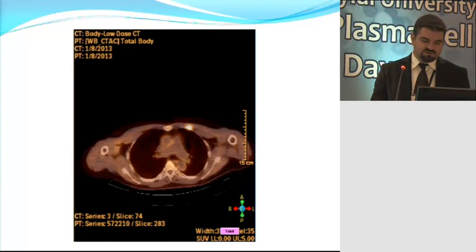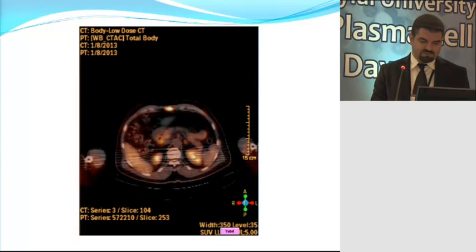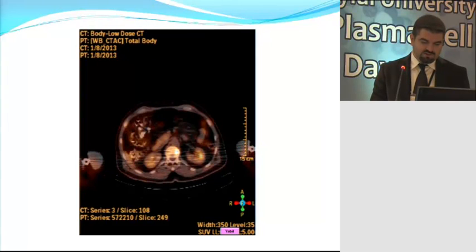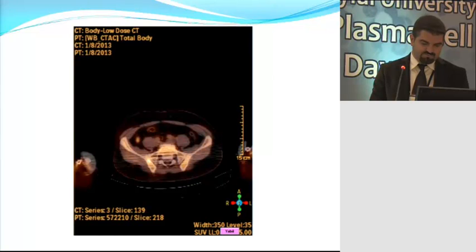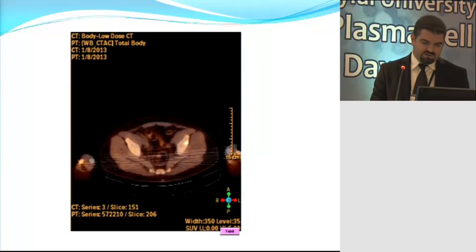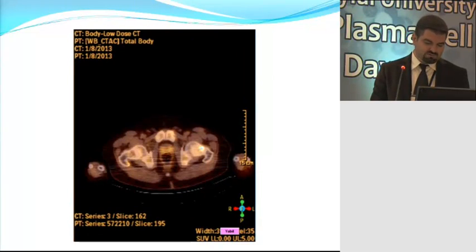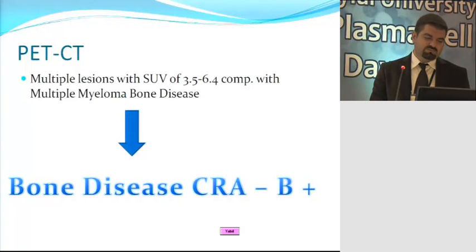Here you see a costa, the sternal region, the lumbar vertebral corpus, another lesion, the iliac bone, and the acetabular region. At the PET-CT, we have seen multiple lesions with SUV of 3.5 to 6.4 compatible with multiple myeloma bone disease. So there was a B positive for this patient.